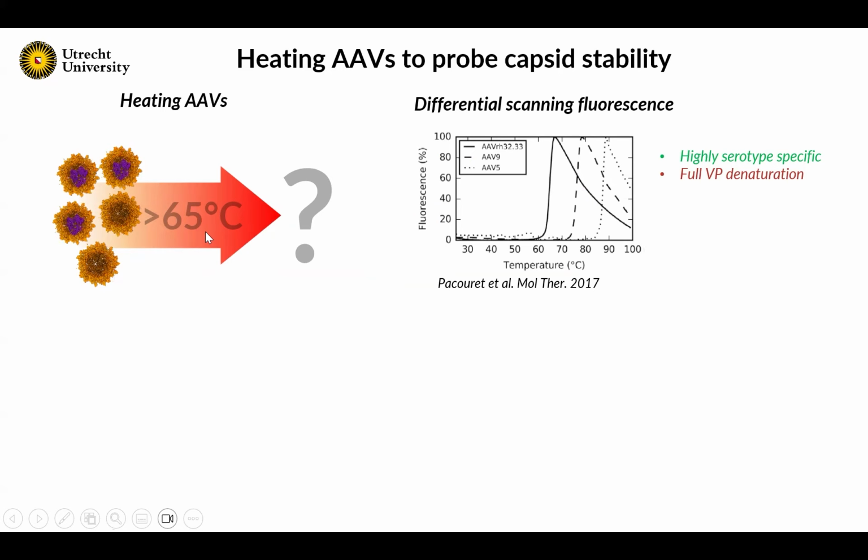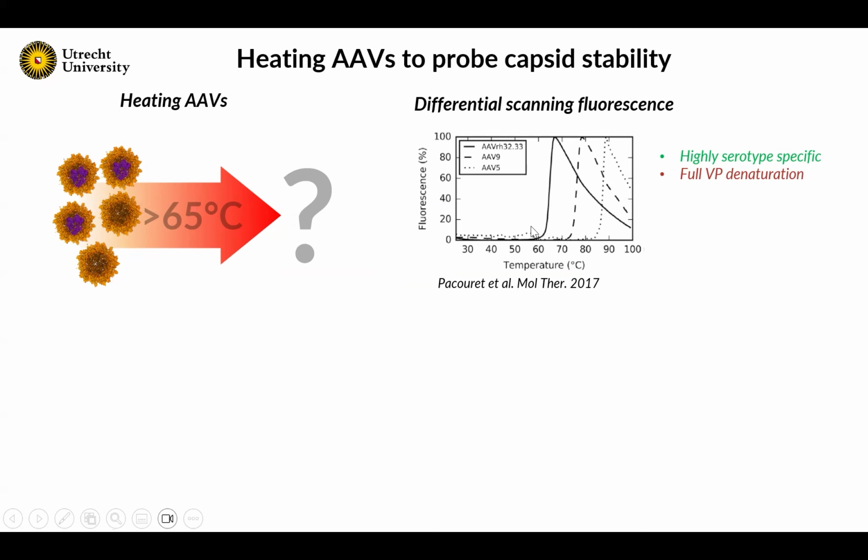For instance, people have used differential scanning fluorimetry, so DSF, where you have your AAVs in solution, you add a fluorescent dye and you increase the temperature, and at some point the capsids will melt and the capsid proteins will denature, and then the fluorescent dye can bind and the fluorescence increases a lot, and this you can measure. And interestingly, the point of melting, or denaturing, of the capsid proteins is really specific for AAV variants, for different serotypes. You can actually use this technique also to identify different AAV serotypes.